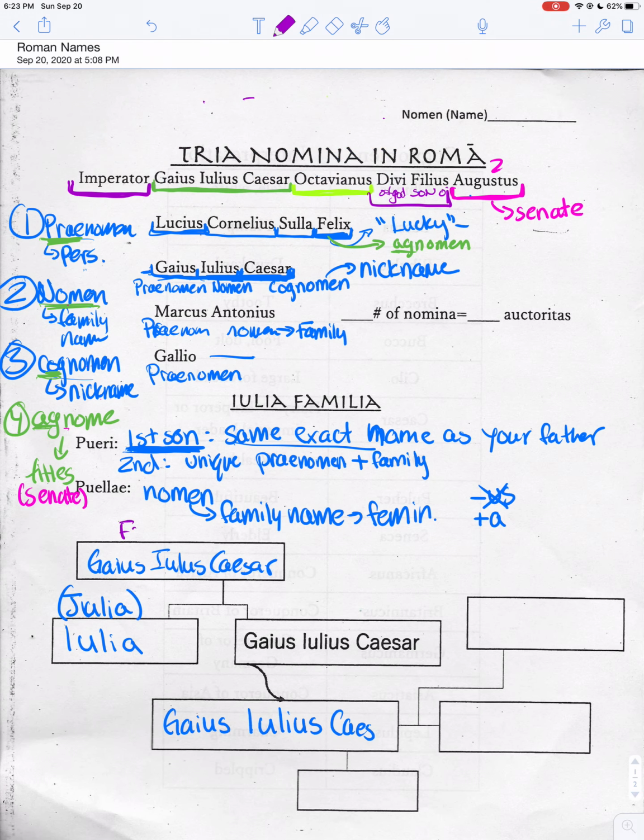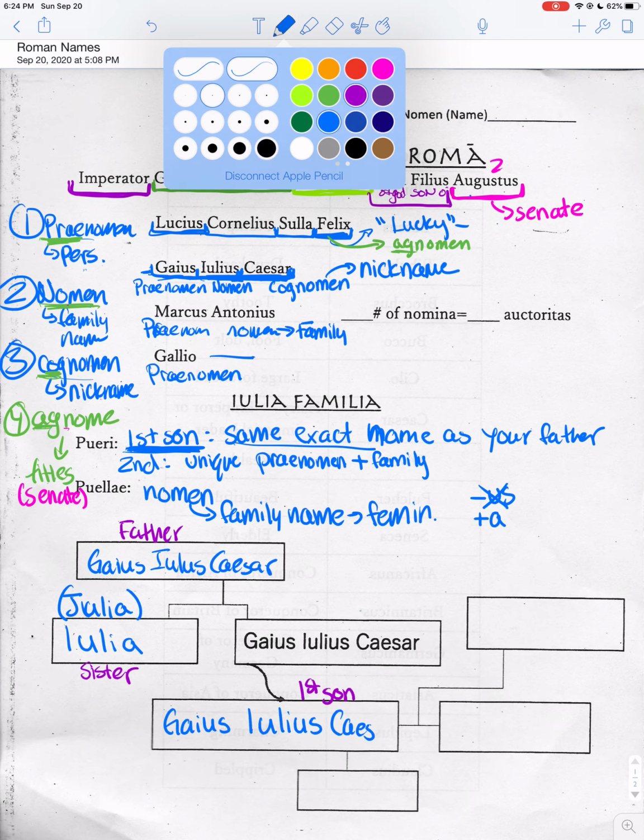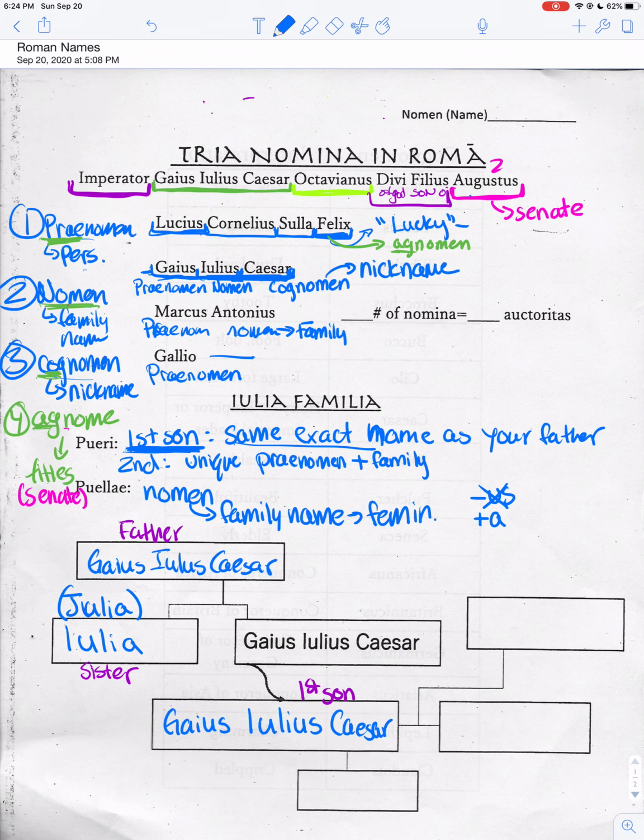So we have the father, we have the sister, we have Gaius Julius Caesar, we have the first son. Now, he was called that as he was adopted. So that is his adopted name. But remember, his actual name is Octavius.